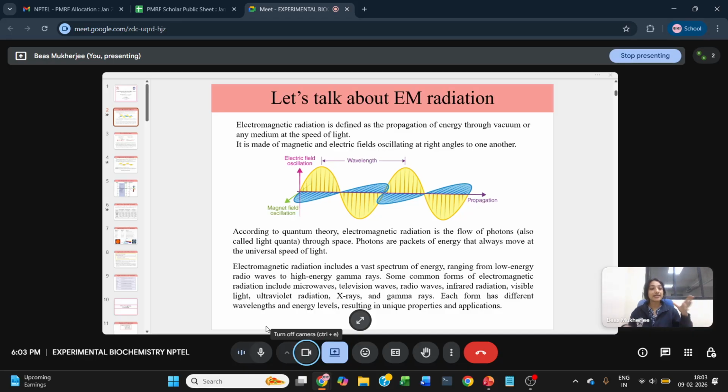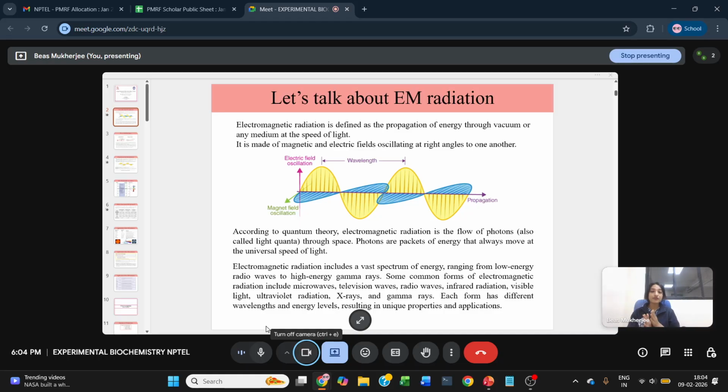Now we know that light has both particle nature and radiation nature. When we are talking about EM radiations, we are looking at the wave nature of light. But when we are talking about photons, we are talking about the particle nature of light. Electromagnetic radiations include a vast spectrum of energy ranging from low energy radio waves to high energy gamma radiations.